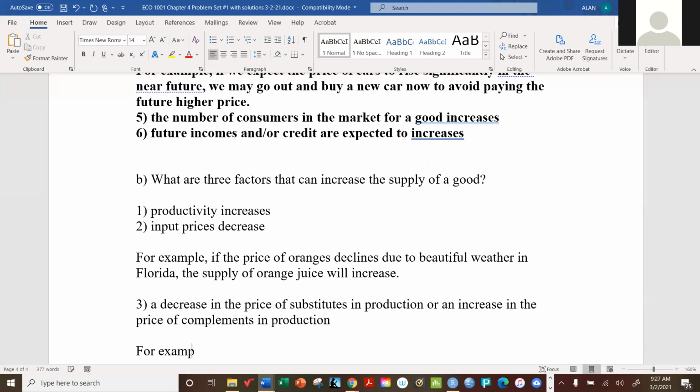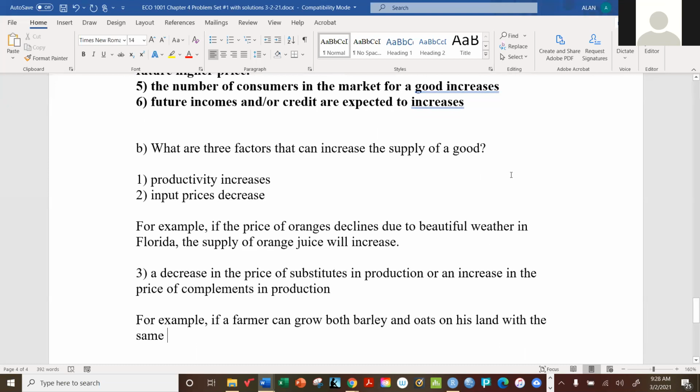Okay, so for example, if a farmer can grow both, let's try something different. I'm tired of corn and wheat. Let's try barley and oats on his land with the same resources, of course. Otherwise, it's not a valid comparison.